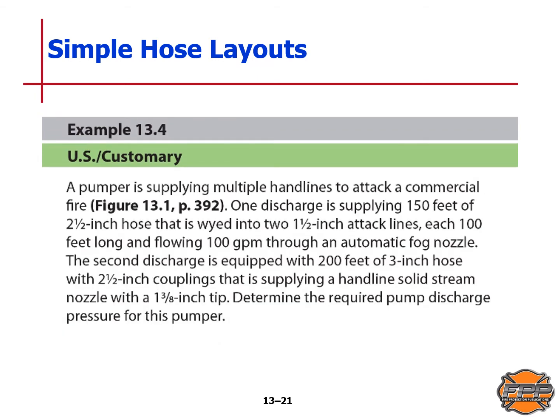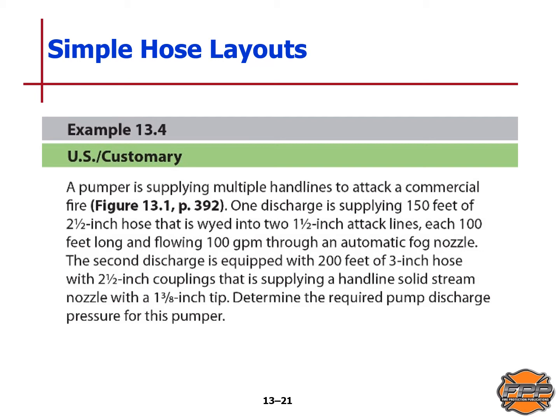So let's look at an example. This is example 13.4 from your book. A pumper is supplying multiple hand lines to attack a commercial fire. This is figure 13.1 on page 392 of your text. One discharge is supplying 150 feet of 2.5 inch hose that is wyed into two 1.5 inch attack lines, each 100 feet long and flowing 100 gallons per minute through an automatic fog nozzle.